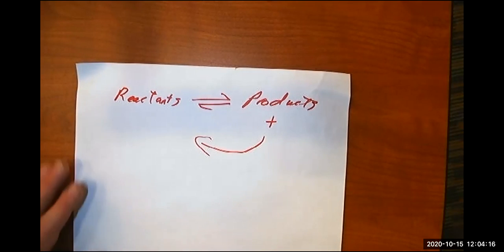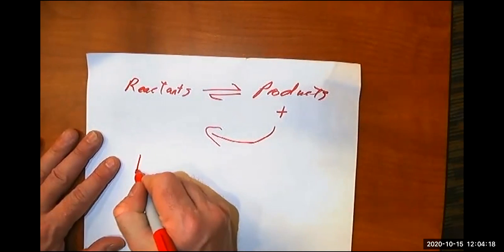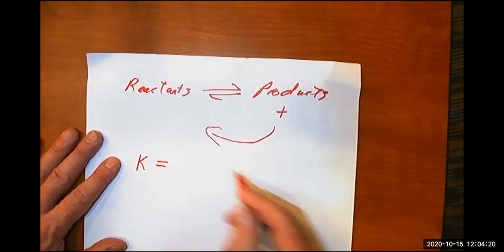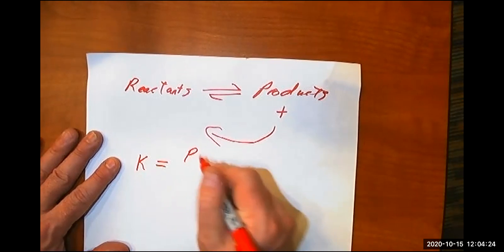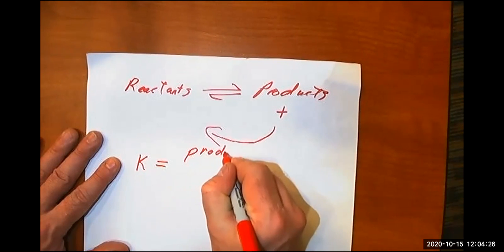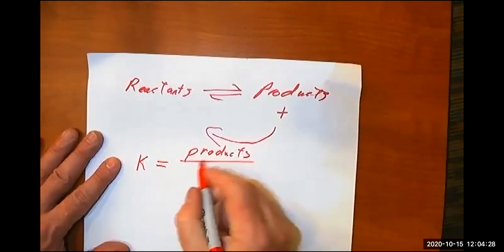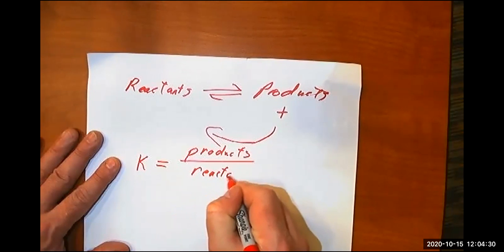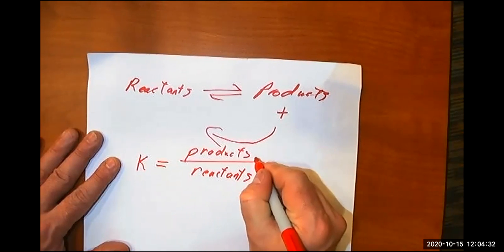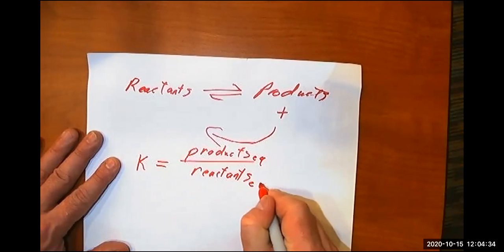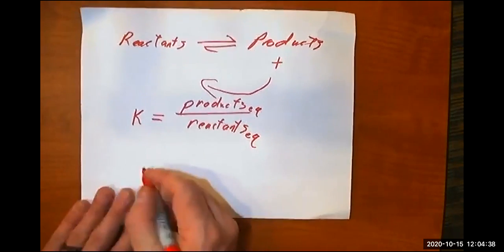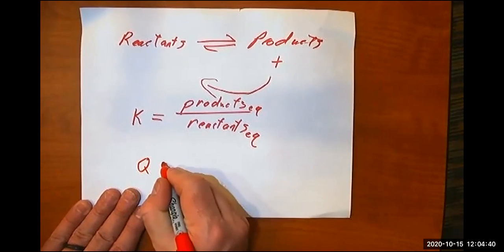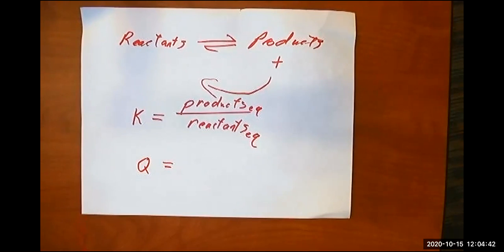If you think about that in terms of the equilibrium constant, so remember that the equilibrium constant is structured such that it is products over reactants under equilibrium conditions. And remember as well that Q is the same thing as the equilibrium constant.